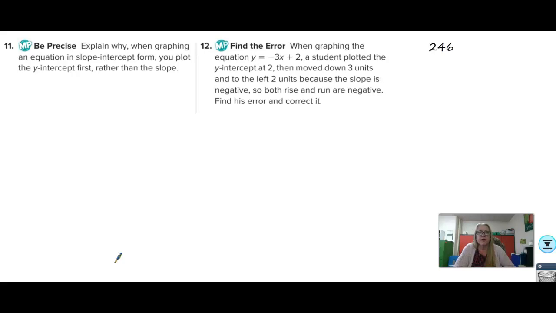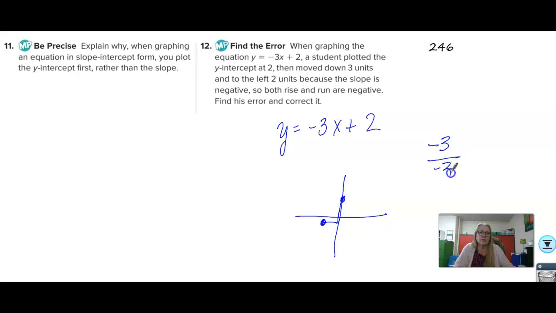And find the error. When graphing the equation y equals negative 3x plus 2, so we have y equals negative 3x plus 2. A student plotted the y-intercept at 2, okay, and then moved down 3 units and left 2 because the slope was negative. Down 3, left 2.